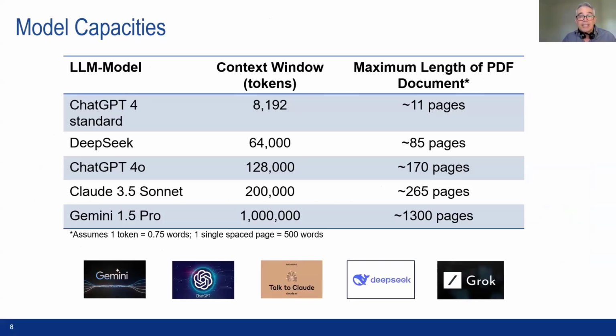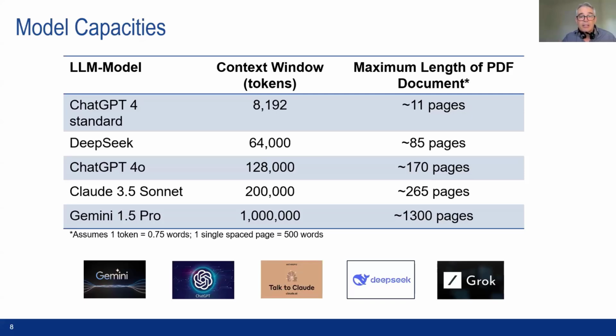What you can see here in this table are some examples. The free version of ChatGPT, for example, can handle around 8,000 what is called tokens, which translates roughly to about 11 pages of a PDF document. So enough for some papers, but probably not enough for a publication with supplemental materials.